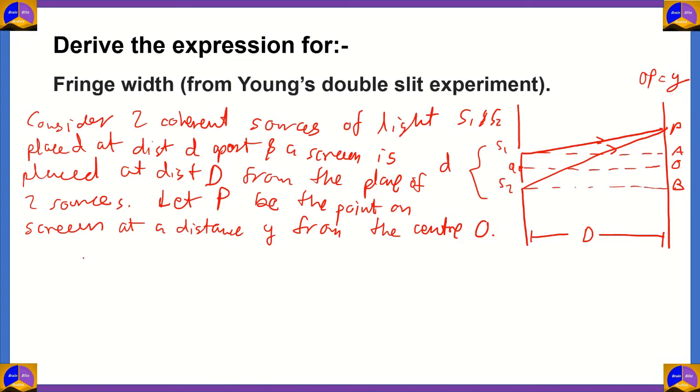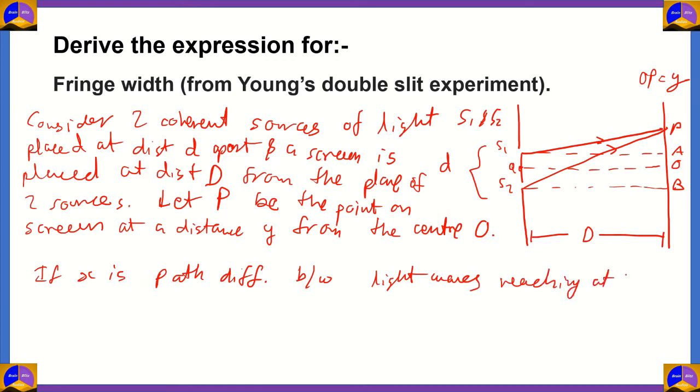Now let's consider x to be the path difference between the light waves reaching P from S1 and S2.